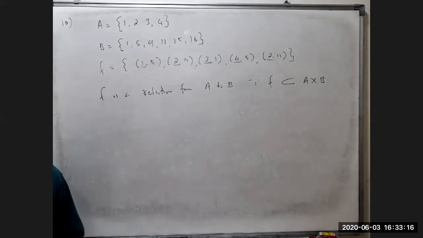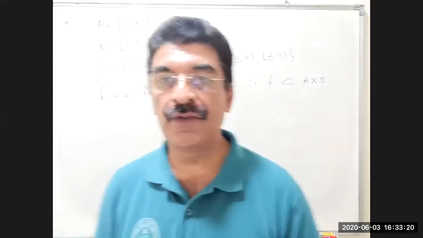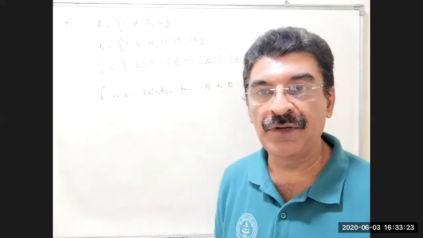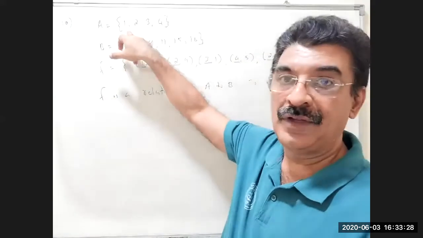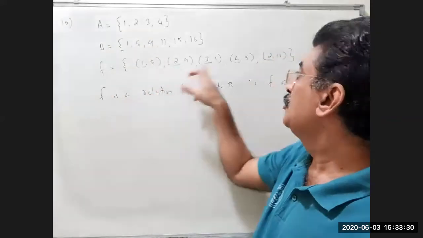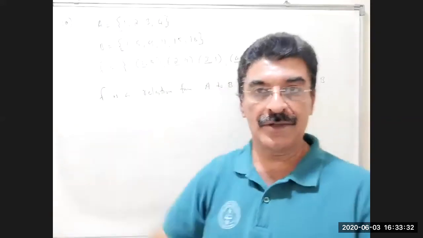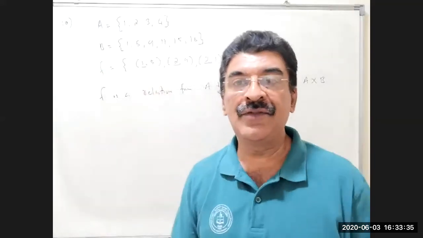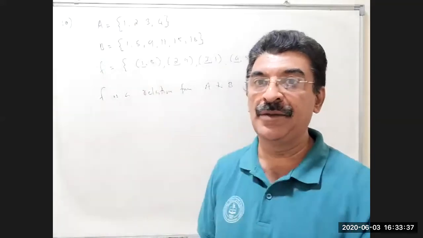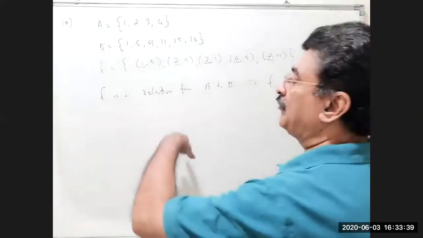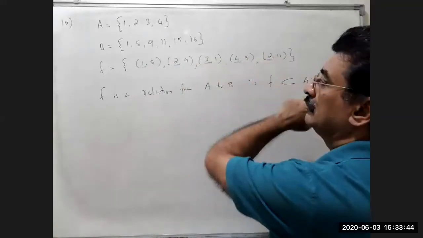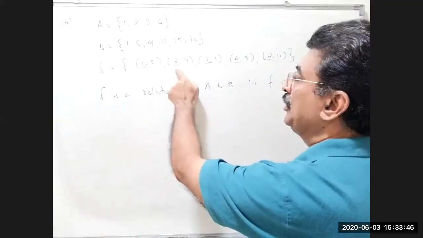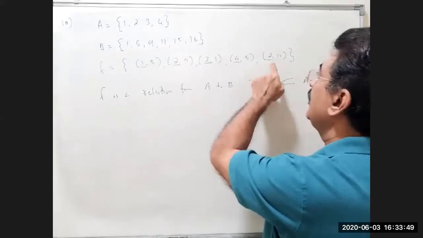Now, second bit, is it a function from A to B? To be a function from A to B, we need to check two conditions. First, all the elements in A, whether they have an image. Definitely 1, 2, 3, 4, all of these elements have an image. Condition 2, check whether any element has more than one image. See, the image of 2 is 9, the image of 2 is also 11.